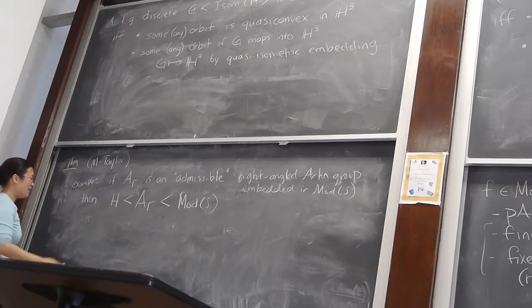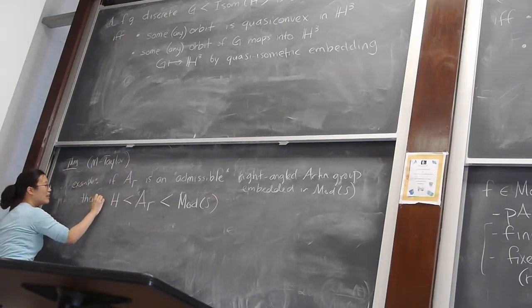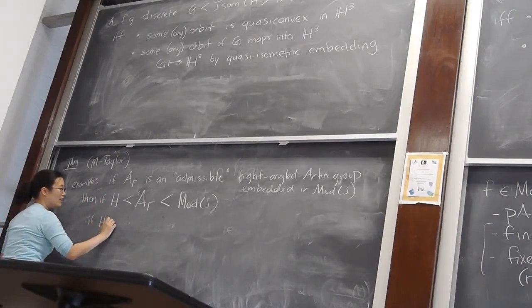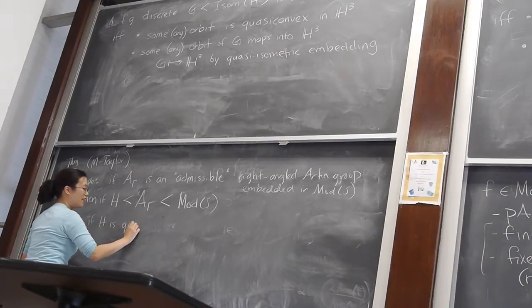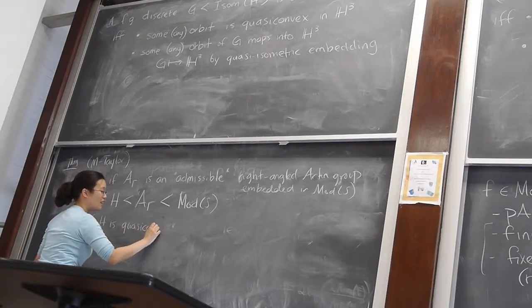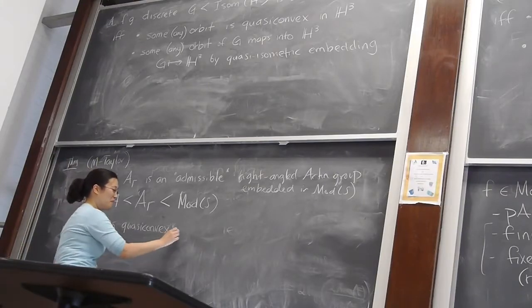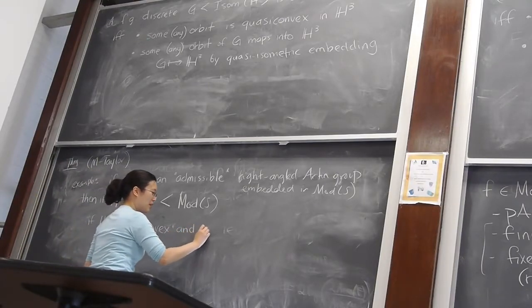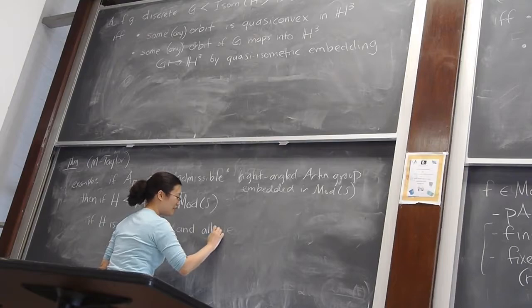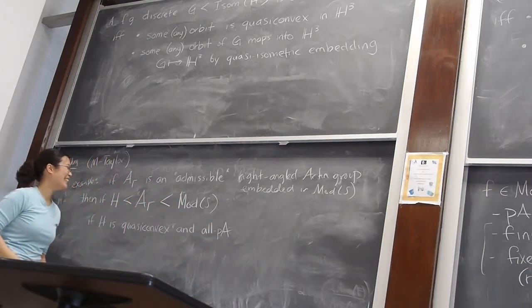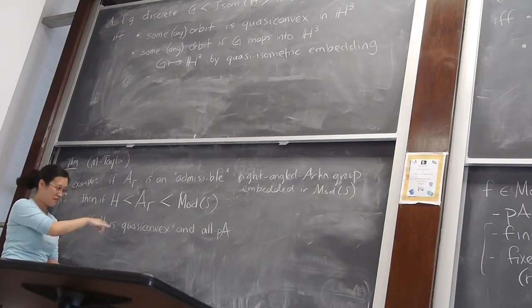And it happens that if H is quasi-convex, I'll say what that means in a second, and all pseudo-Anosov, then it's convex cocompact. Quasi-convex in again, or quasi-convex in mod? I know, so let me fix that.